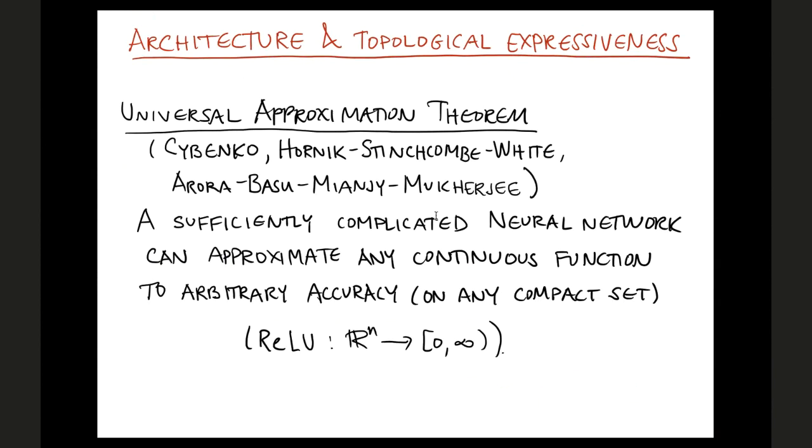For the ReLU, it was proved in that same paper by this group of four, Arora, Basu, Mianjy, Mukherjee. What it says is that a sufficiently complicated neural network can approximate any continuous function to arbitrary accuracy, in L1, on any compact set.